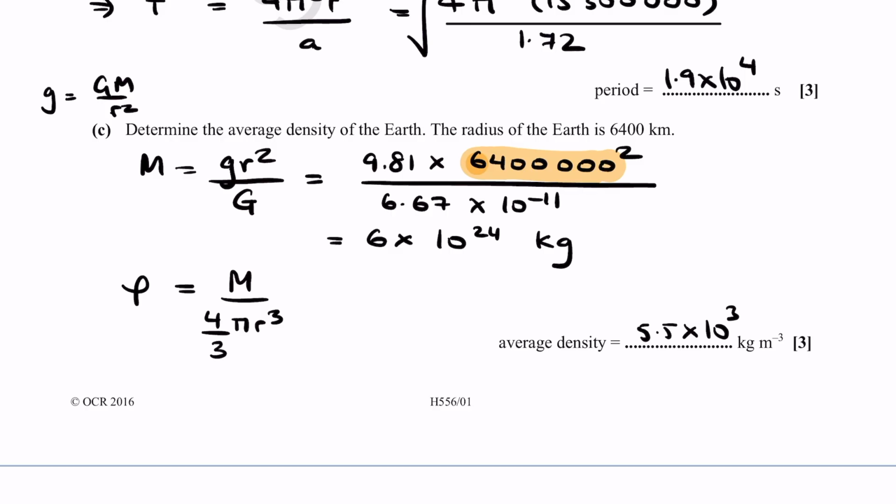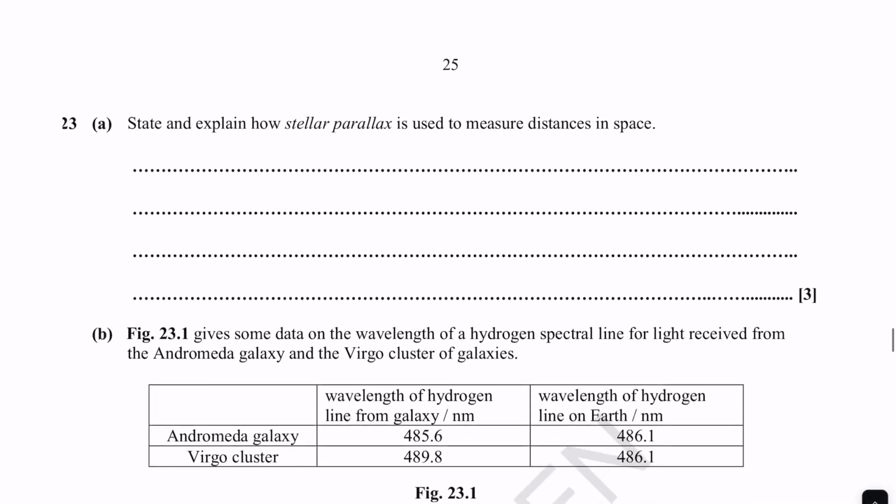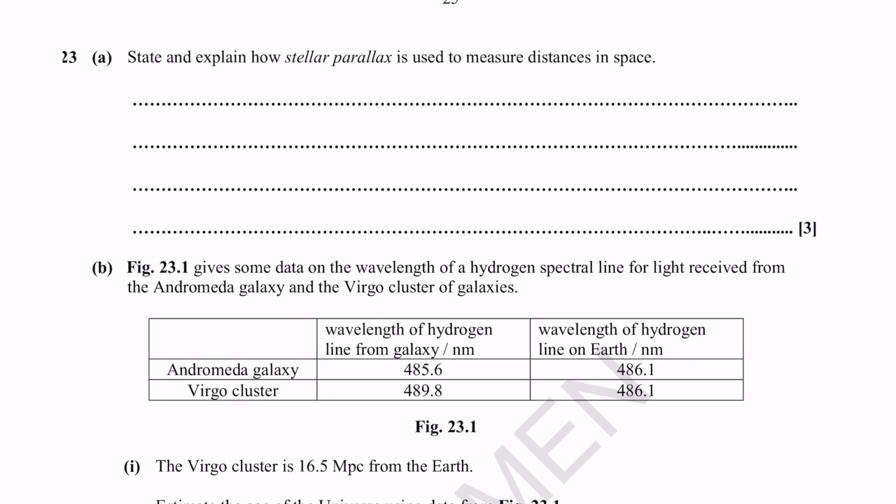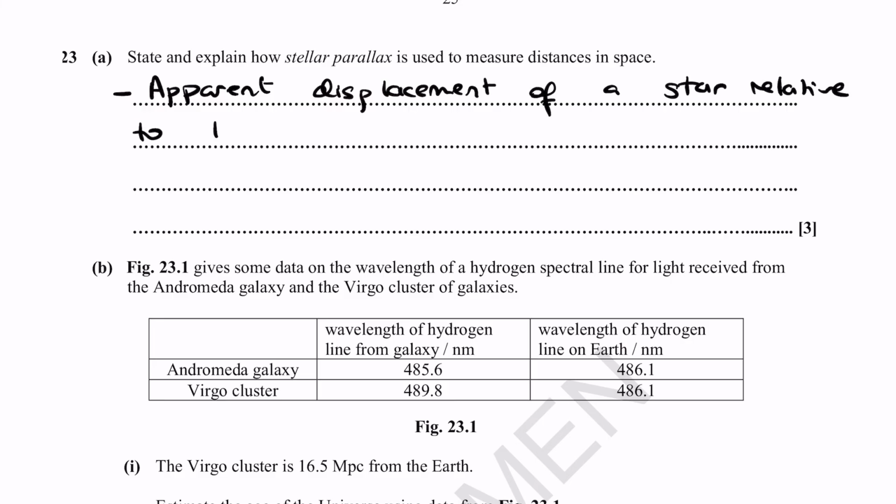Simple. Right, let's move on to question number 23 now, where we have to state and explain how stellar parallax is used to measure distances in space. Well, stellar parallax is basically the apparent displacement, the change in motion of a star relative to the position of more distant stars when the Earth orbits the Sun.